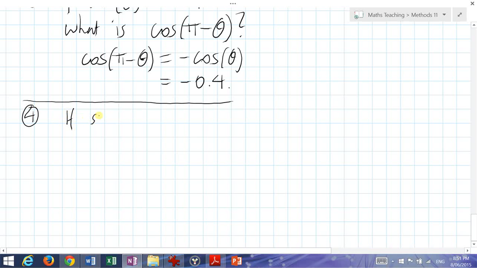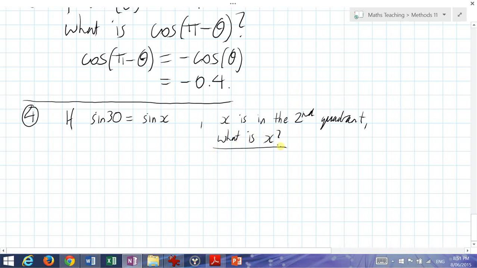If sine of 30 equals sine of x, when x is in the second quadrant, what is x? That's the question. Sine of 30 is sine of x, and x is in the second quadrant.